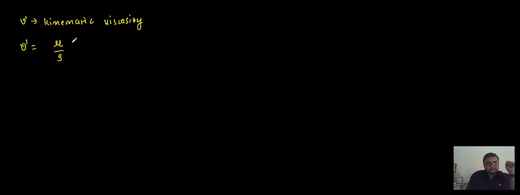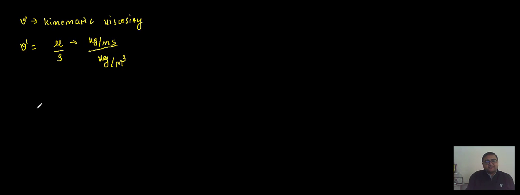So mu has a unit of dynamic viscosity, kg per meter second, which we have already discussed, or it may be termed as pascal into second, and in case of the CGS unit it may be termed as poise. And density has a unit of kg per meter cube, correct?